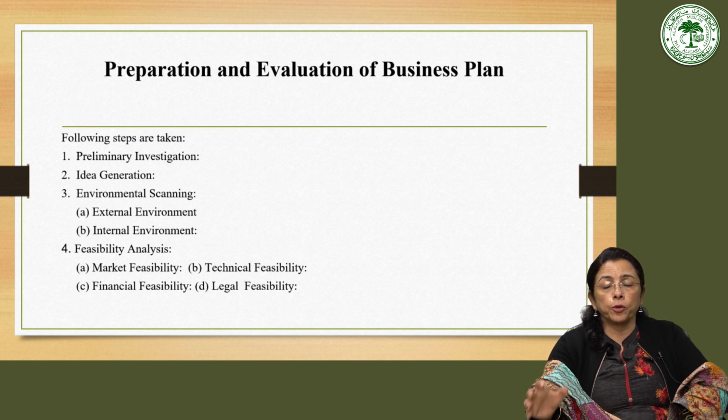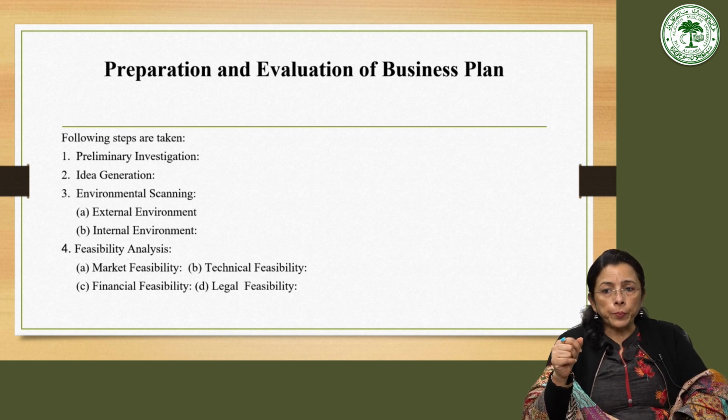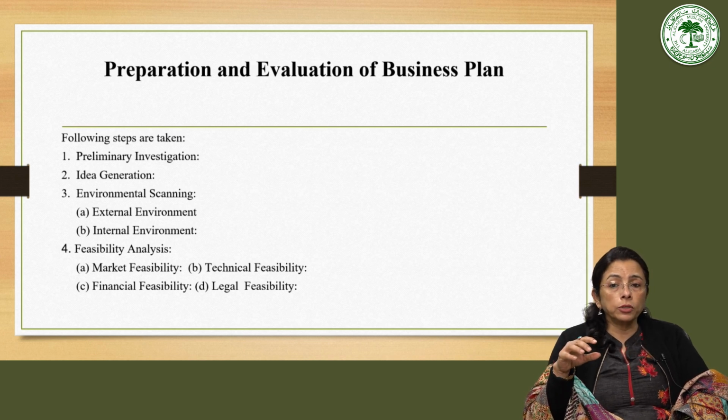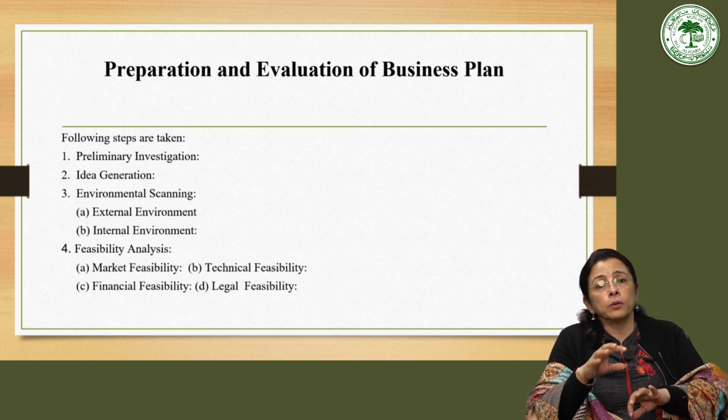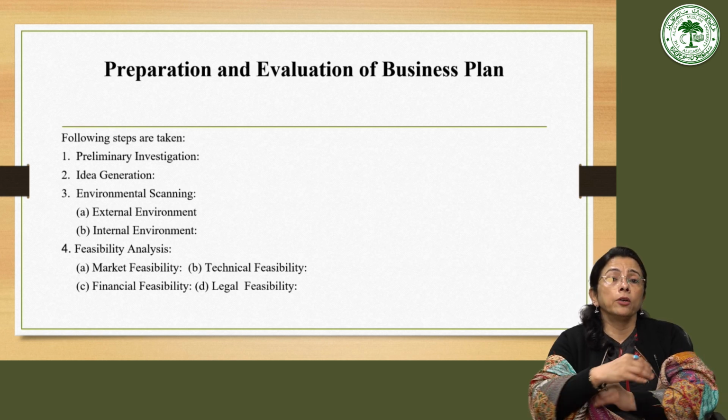Then next is the production and operation. It includes the different machines, tools, equipment, and methods which are needed for production and operations, and we must check whether they are available or not. If the majority of these things, that is equipment, tools and machines, are available within the country, it is well and good.